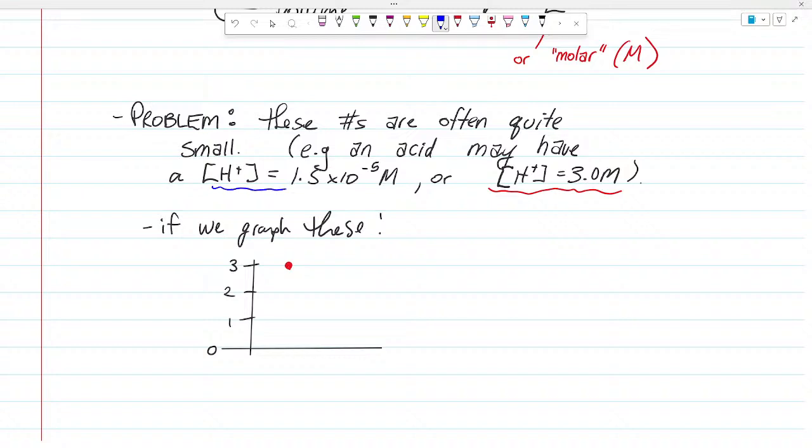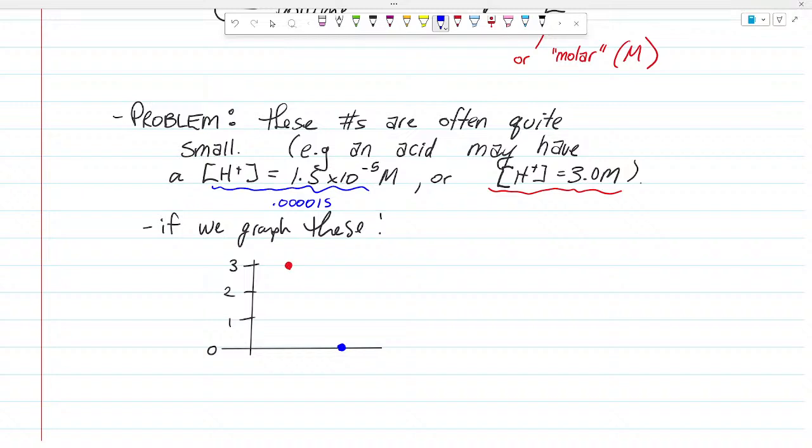And what about this acid? Where would it be? Well, 1.5 times 10 to the negative 5 is 0.00015. What is that number basically? I mean, for all intents and purposes, it is 0. Except it's not at all meaningful that it's close to 0. Do you know what I mean?